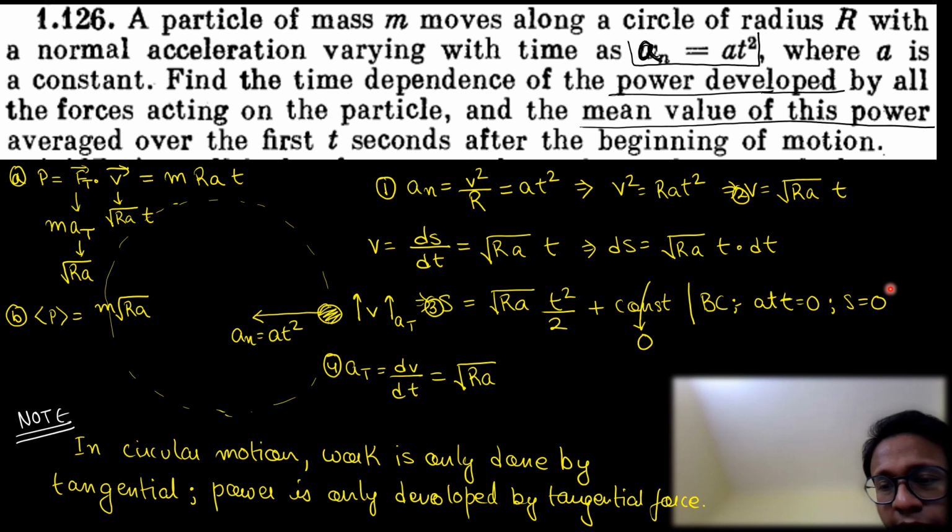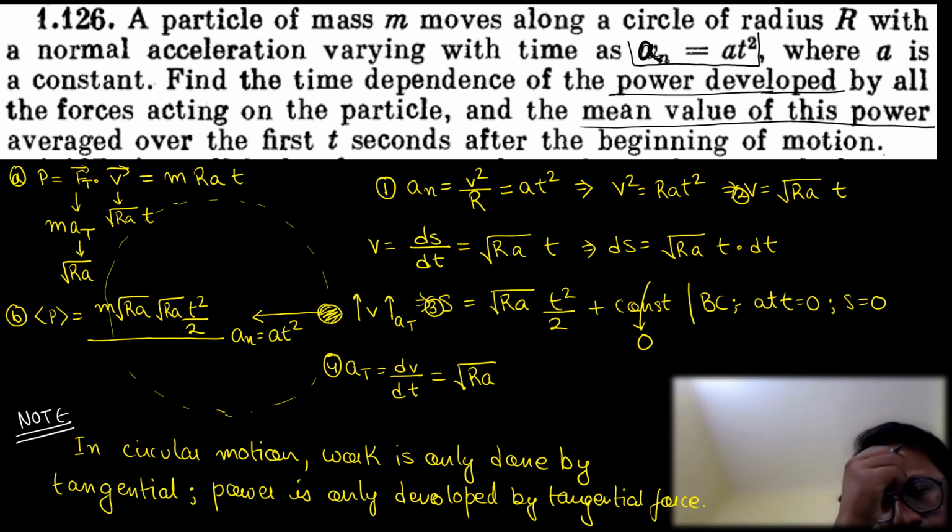Total displacement is given by S equals under root of RA t square by 2. And what do we divide by? The total time, for the first t seconds. Average power is total work divided by total time, so force into displacement divided by total time.